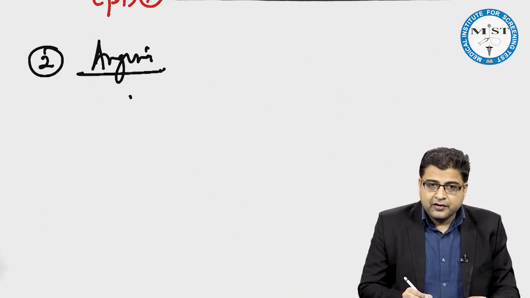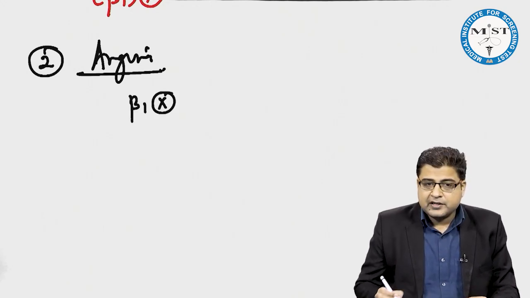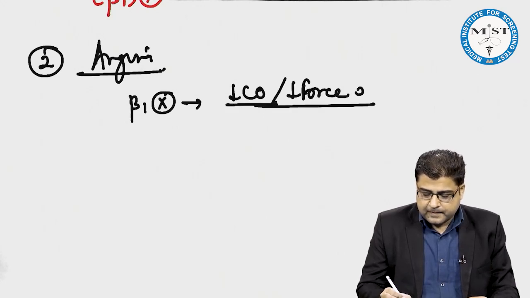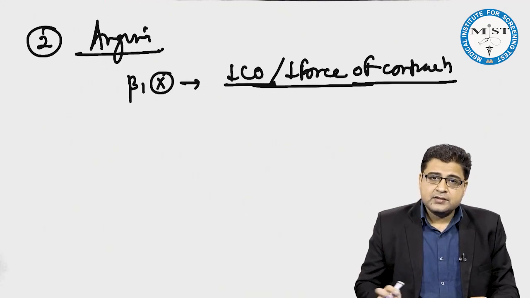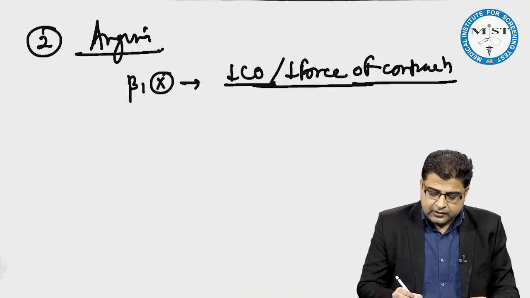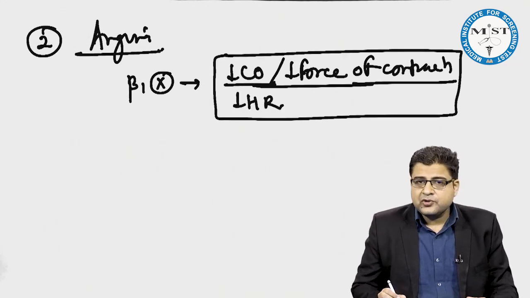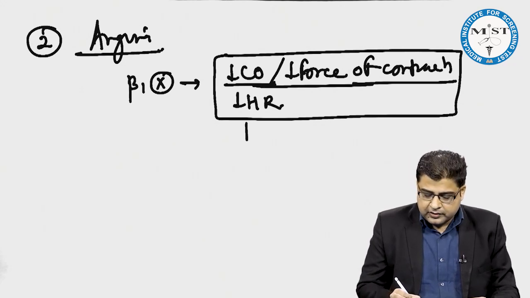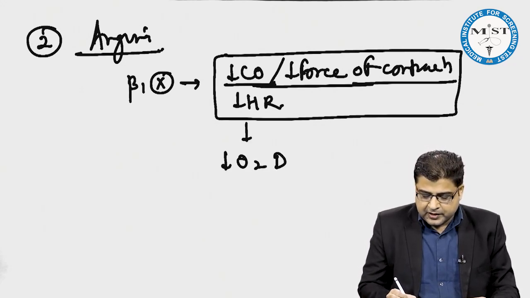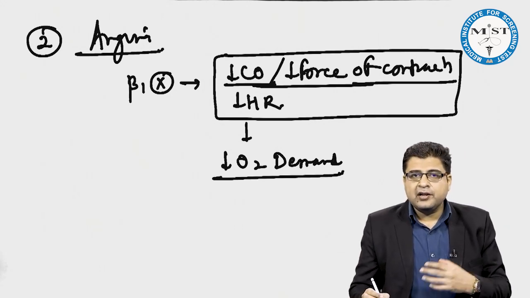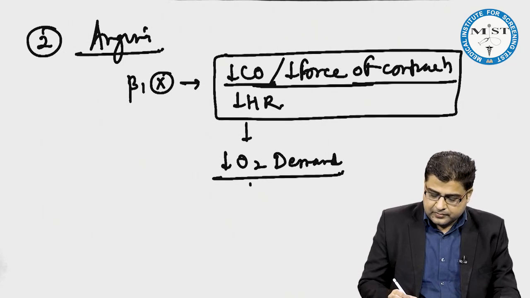So when beta blockers are given to a patient, the medicines block beta 1 receptor, reduce cardiac output or reduce force of contraction, as well as these medicines can reduce heart rate. So by reducing force of contraction as well as heart rate, these medicines can reduce oxygen demand of the heart, and therefore these medicines can provide relief in patients of classical angina.